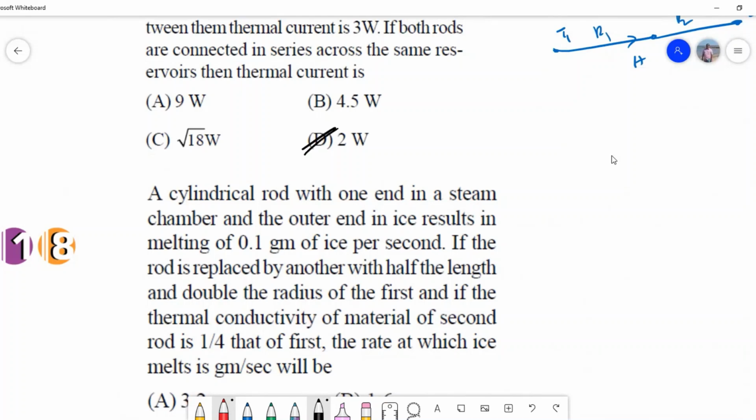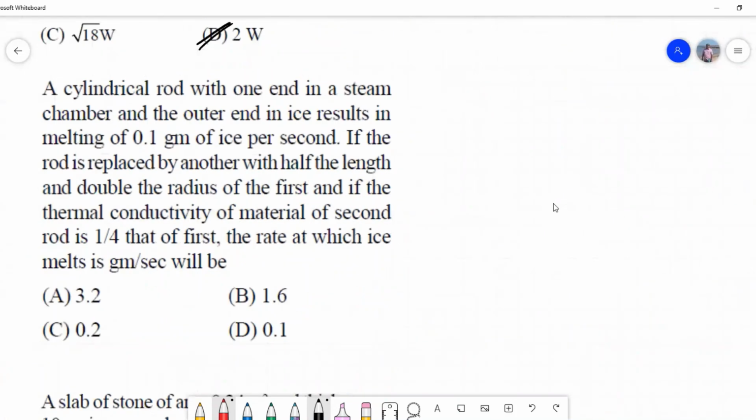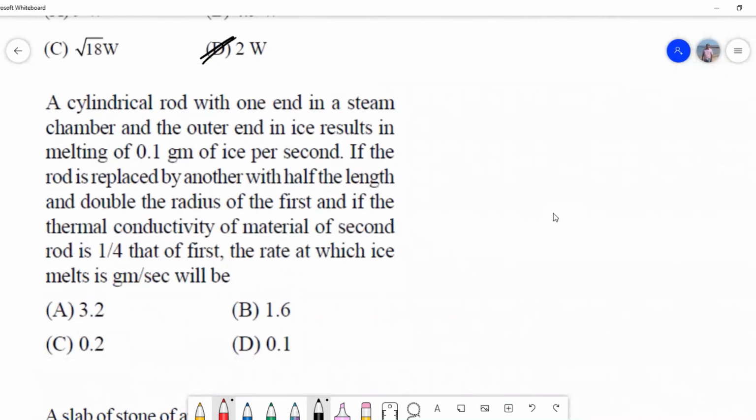Now let's move on to question number 18. A cylindrical rod, with one end in a steam chamber and the other end on ice, results in melting of 0.1 grams of ice per second. If the rod is replaced by another with half the length, double the radius, and if the thermal conductivity of the material of the second rod is 1/4 that of the first rod, the rate at which ice melts is?